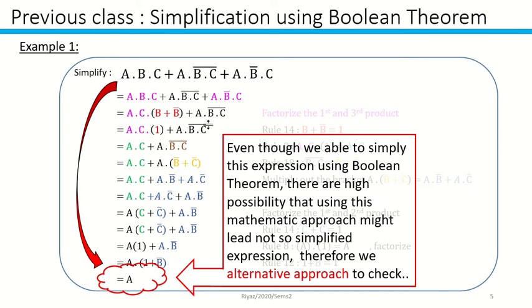We use all the rules, but even though we are able to simplify the expression using Boolean theorems, there is a high possibility that this mathematical approach will not give the simplest result. Therefore we need an alternative approach to check whether we have a correct simplified version or need to simplify further. That's why we need this K-map.